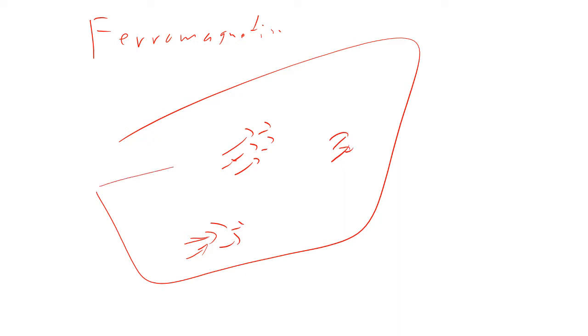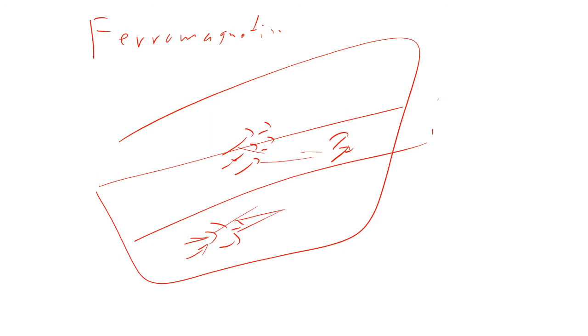You turn off the external magnetic field, and these tend to still line up, and you retain a permanent magnetic field there. It's not as strong as it was originally when you had the external magnetic field on, but it's still there. And so this gives you the ferromagnetic property.